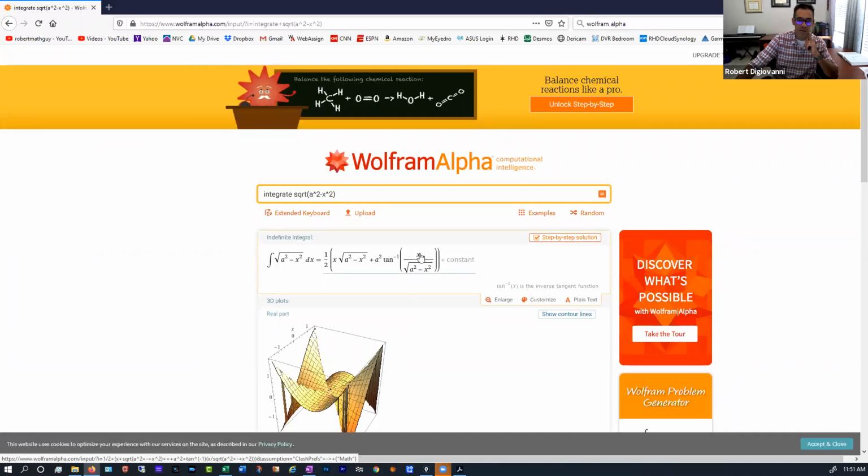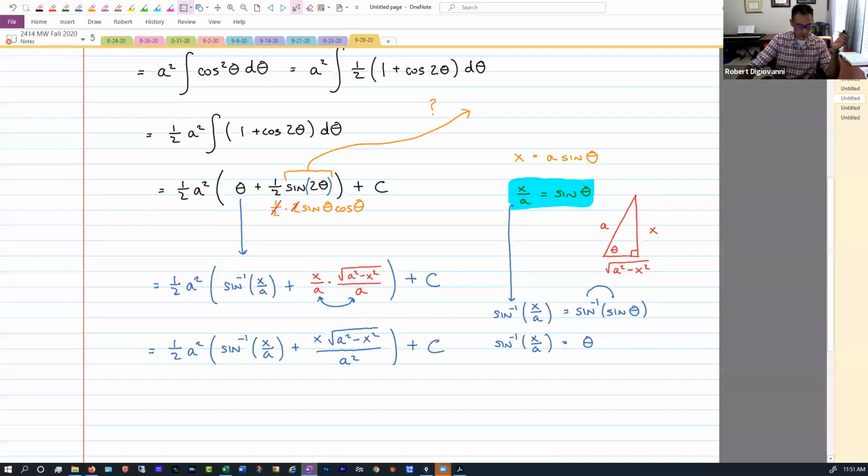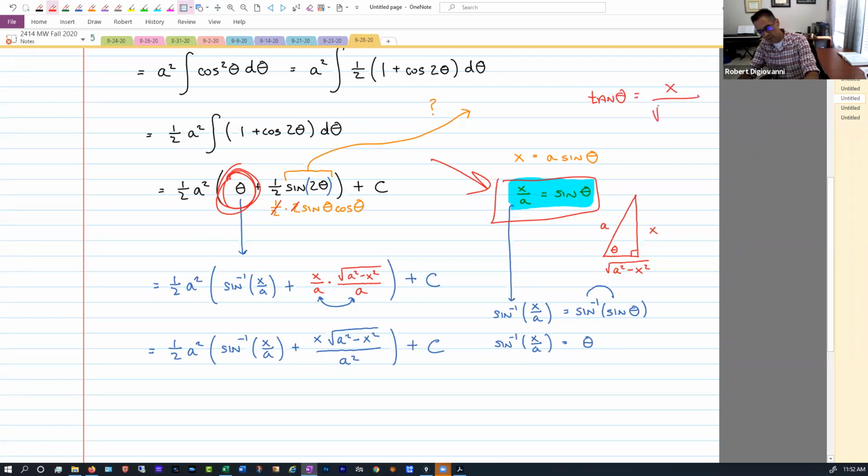Arc tangent instead of arc sine. Now, why do they have arc tangent? I have no idea. The algorithm that they used, that's what they have. Now, we have the right answer because remember, this was theta, right? This in red was theta, and we found it by doing the arc sine on both sides of this equation. But you could have written this down. You could have written tangent theta, and just use your triangle. Tangent theta is this.